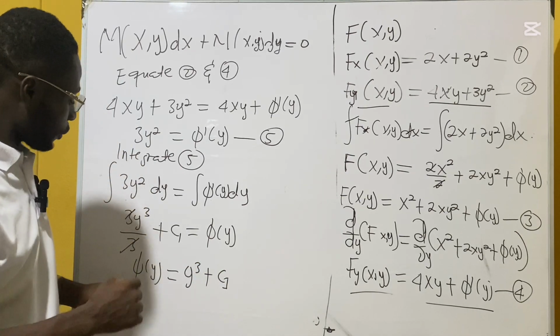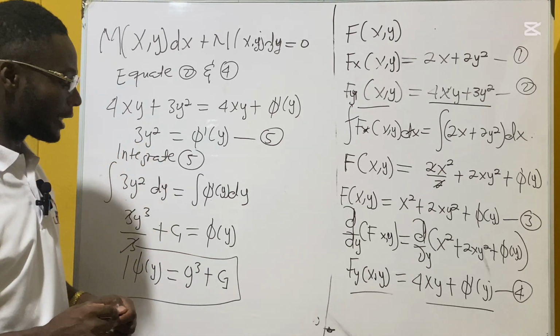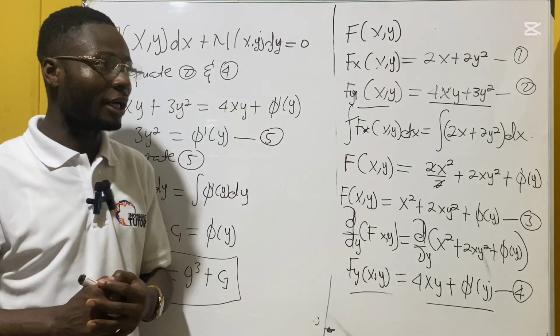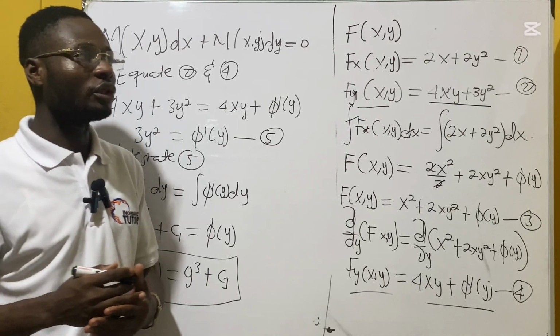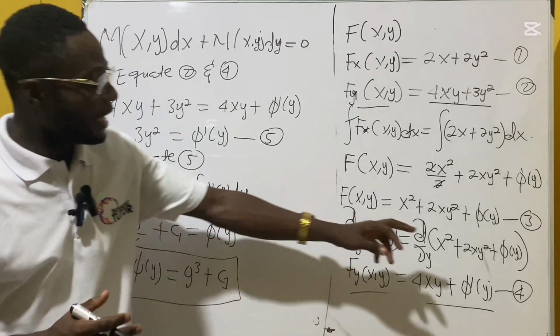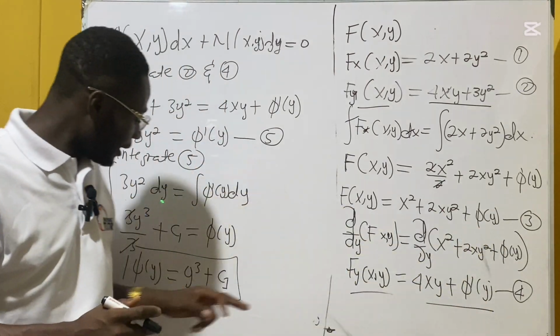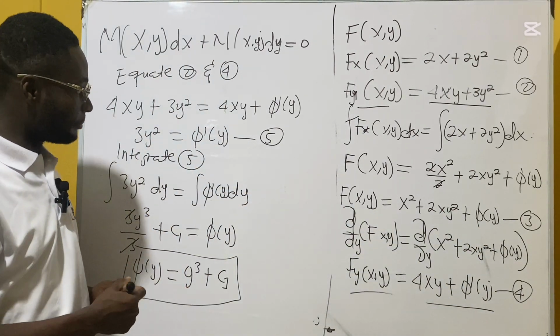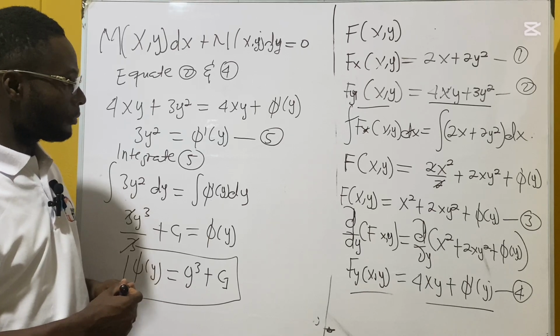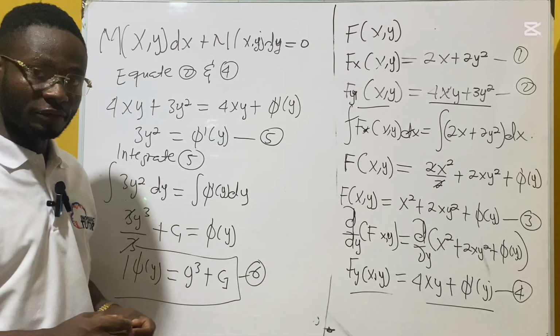Okay, so once we have phi of y equals y cubed plus C1, the next thing we have to do is put equation 5 into equation 3. And that is what we have here. This is equation 3. Let's name this one equation 6.